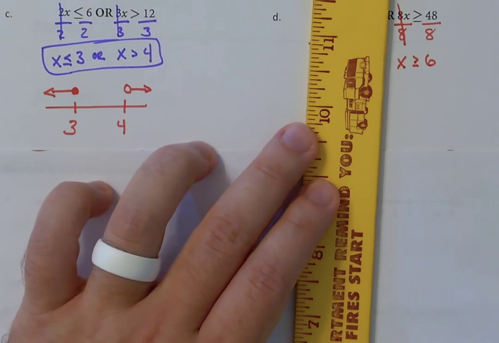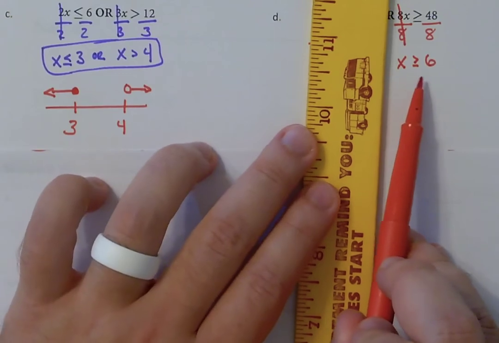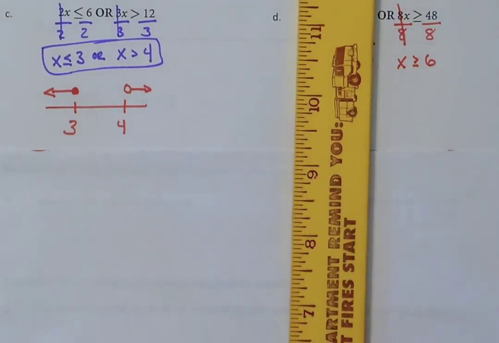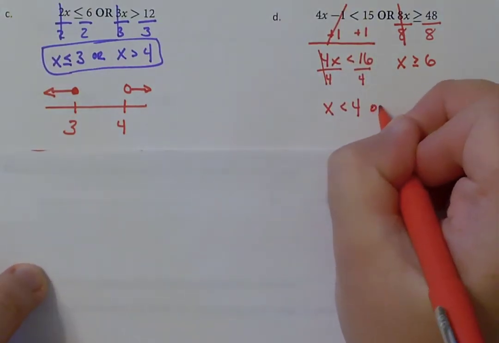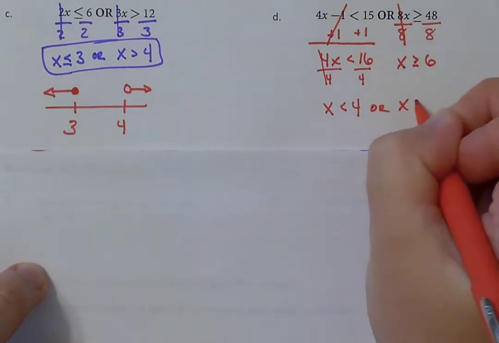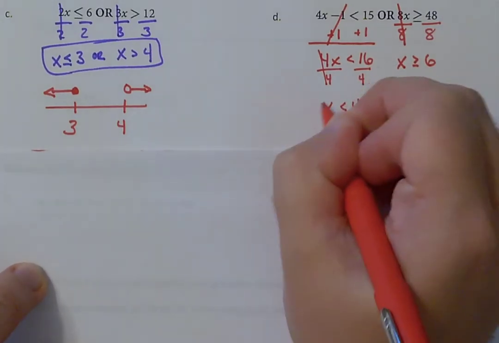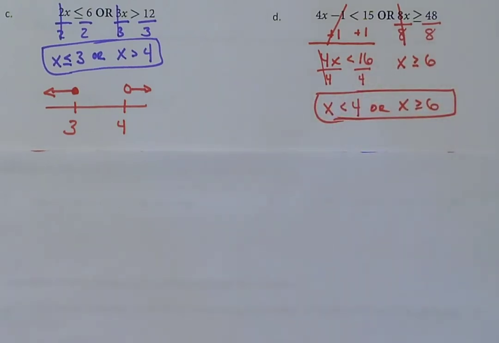So this is completely solved for x on the right because I have x is greater than or equal to 6. Therefore, I have finished solving this problem. So we're going to add an or. We're going to bring down this x is greater than or equal to 6. That is my final answer for the compound OR inequality.